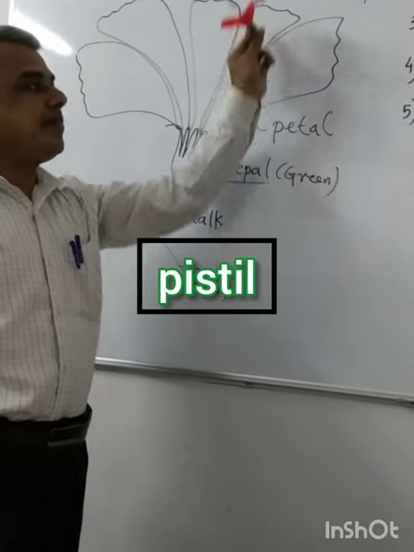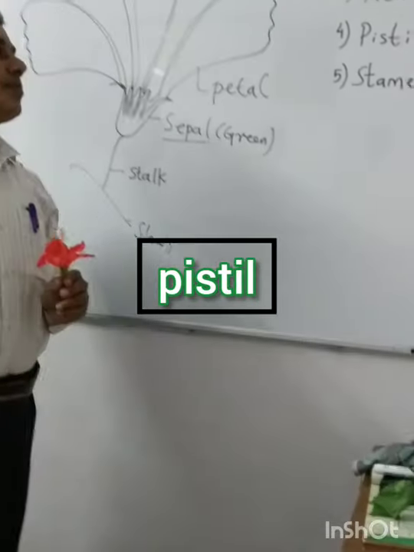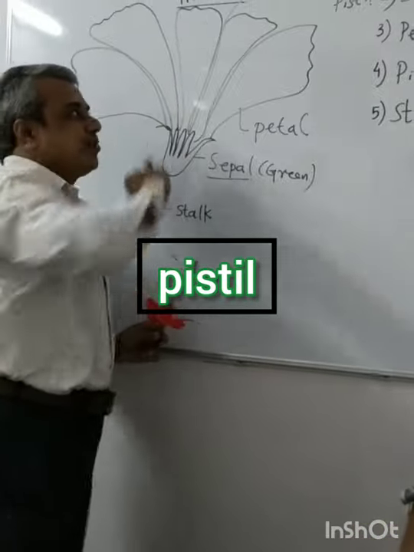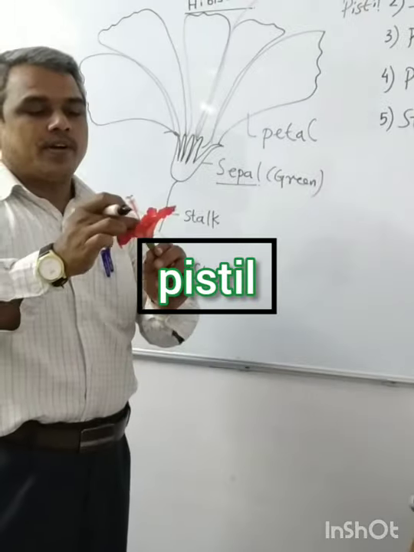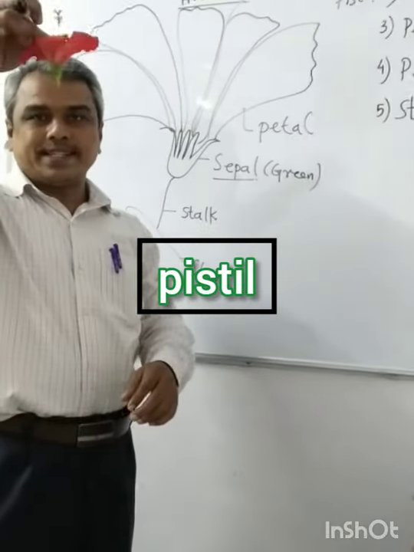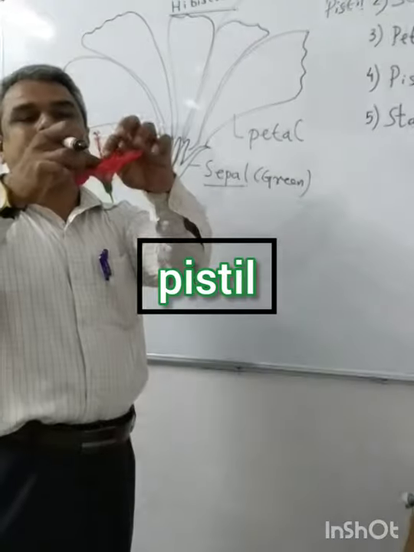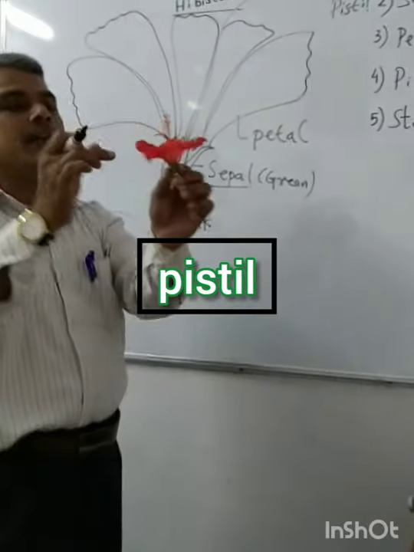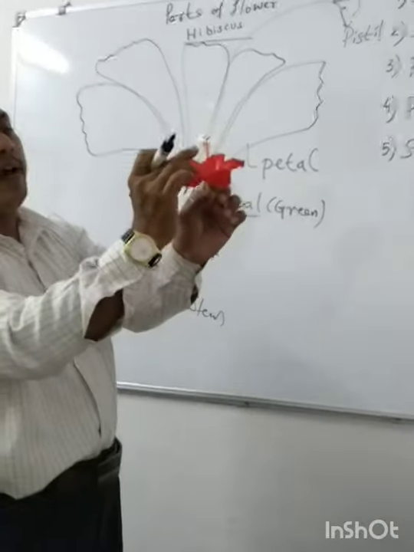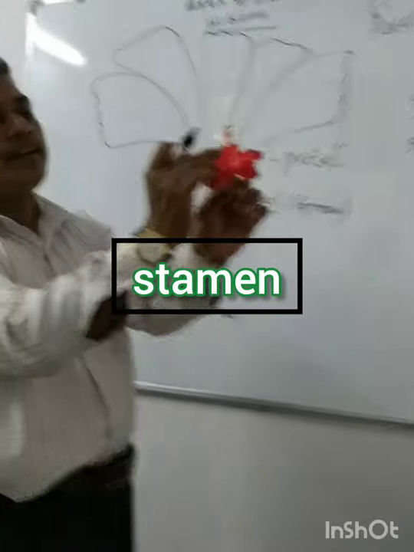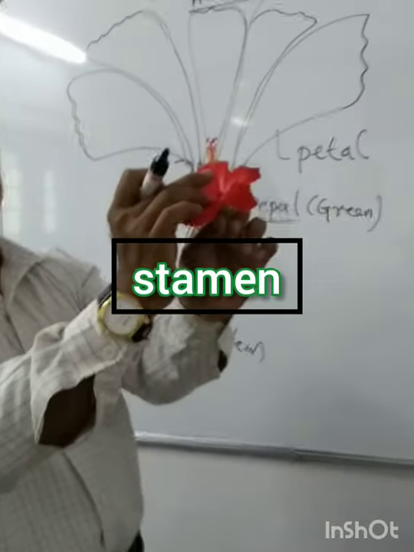In the pistil we have 3 parts, which we'll study afterwards. So what is the innermost part of the flower here? The innermost part of the flower is called pistil. This whole thing, the top, and here. Here you can see the yellow color, which is attached to this pistil.